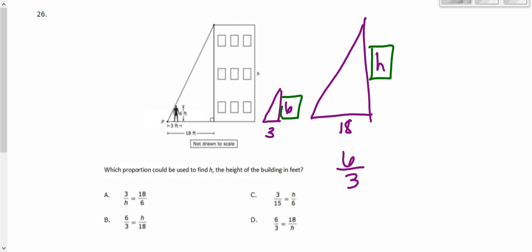So I know h has to go with that 6, and then 3 goes with 18. So I know 18 has to go here. So I'm looking for 6 and 3 and h and 18. Well, I have 6 and 3 and 18 and h, but I need h with the 6. We already said that. Those have to go together. So I'm not going to do D. I have 6 and 3 and h and 18. B.